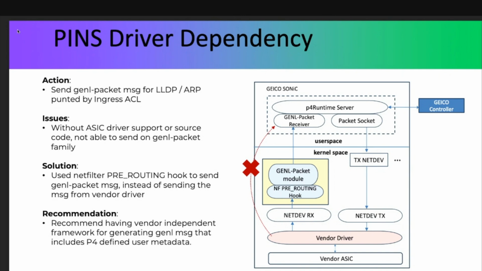A vendor independent mechanism in place is something that we like to see, and not just for packet-in, but for other mechanisms as well. That's something that we really would like to see.